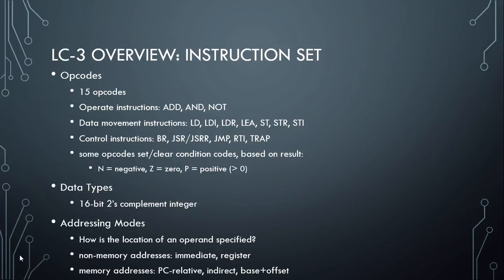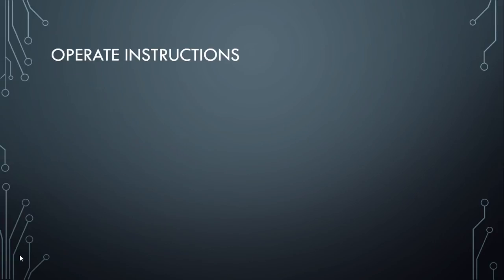Well, typically there are non-memory addresses, which means immediate and register. And then there are also memory addresses, which are PC relative, so program counter relative, indirect, and also base plus offset. We've kind of seen some of this before, but we'll really start delving into it in full depth now.